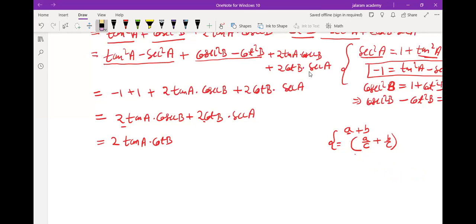So when we take tan A cot B common from these terms, first term is 2 tan A cosec B, like in this.